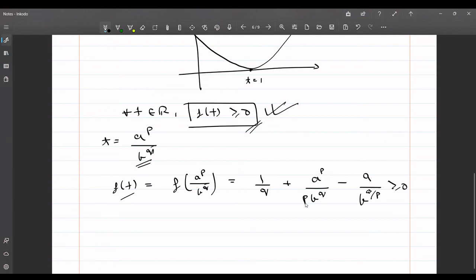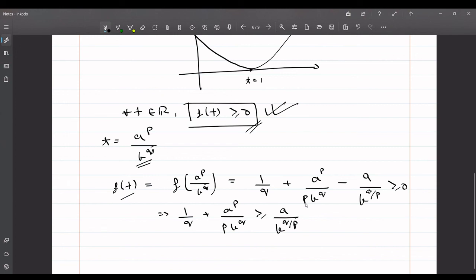You can frame this on your own, putting t equals a to the power p over b to the power q. So now we can write it like this: 1 over q plus a to the power p over p times b to the power q is greater than or equal to a over b to the power q by p. Is it clear?